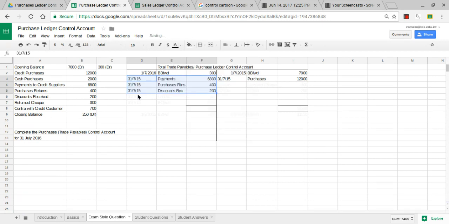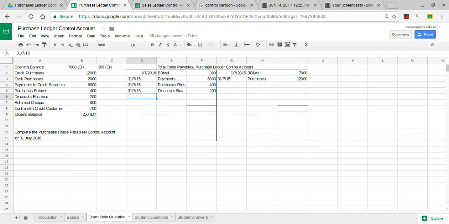Then we've got a couple of unusual ones here. The contra we spoke about in the previous video, but the contra is where we buy things off a supplier, but we also sell things to them, so they're also a customer. Businesses will work out whether they owe or are owed the smaller amount, and that will get written off in the two accounts, and then they will send or receive a check for the balancing amount, rather than sending two checks for the whole amount.